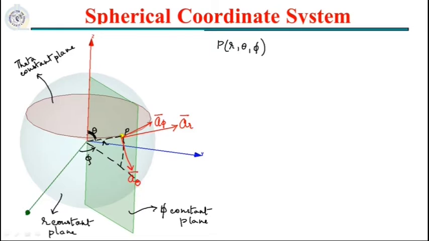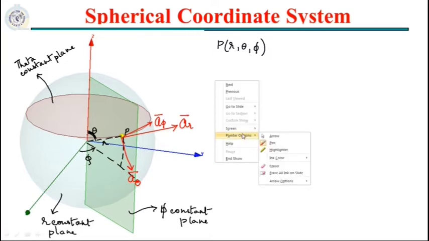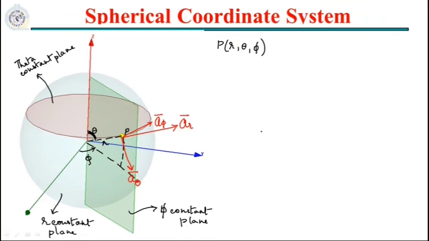So the three unit vectors that we defined are ar bar, a theta bar and a phi bar. Let's add those to our list: a theta bar, a phi bar. So that's our unit vectors.